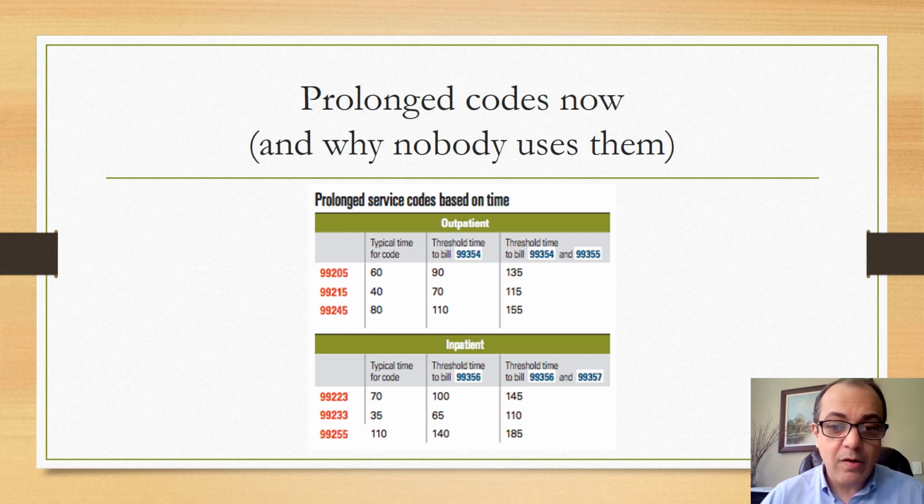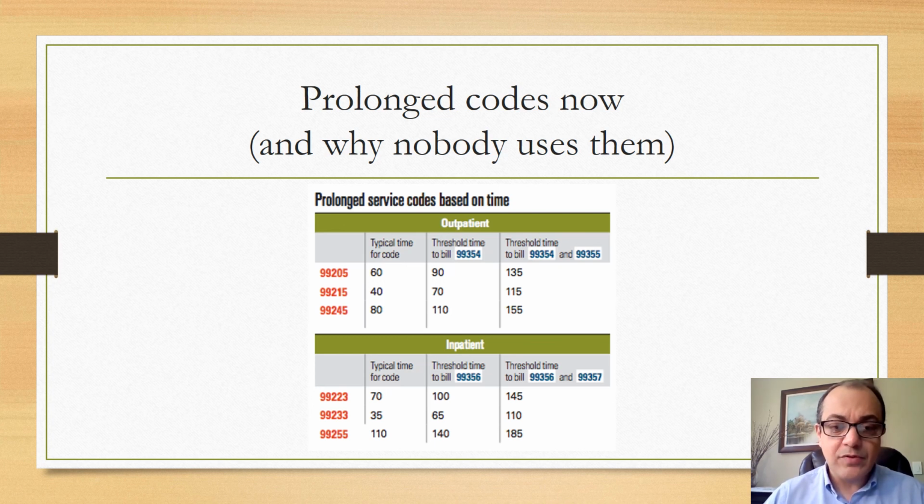Now, I wasn't even aware that we had those codes currently, and frankly, even if I were aware of their presence, I probably wouldn't use them all that much because of the length of time that is needed. 90 minutes for a new patient, that's a lot. 135 minutes for a new patient, that's a lot of time.